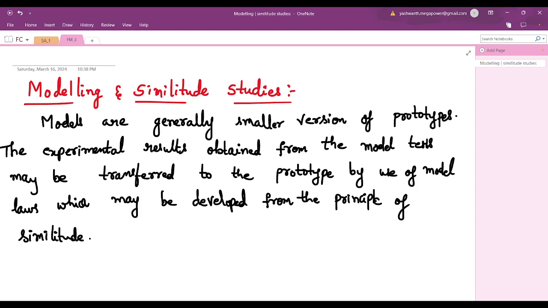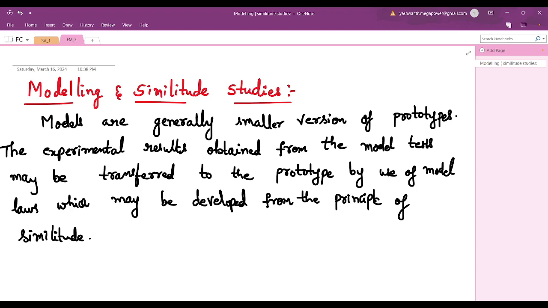So instead of testing the prototype, which is the larger one, we prepare models, and these models should be similar to the prototype. Similar in the sense that three types of similarities are there. What are those three types of similarities? Between the prototype and the model, the similarities: geometric similarity, kinematic similarity, and dynamic similarity.